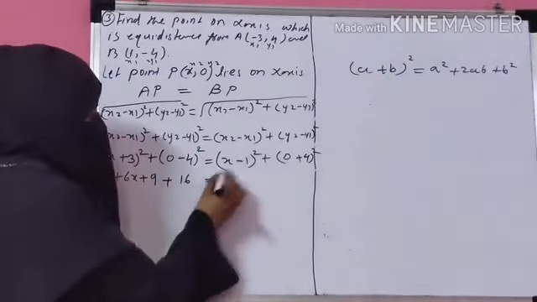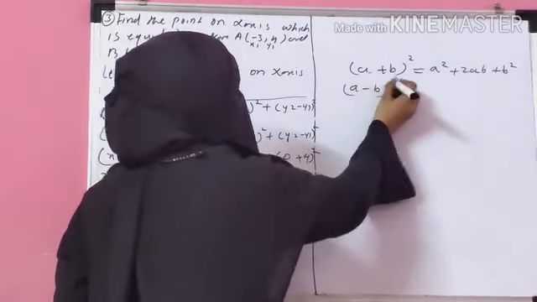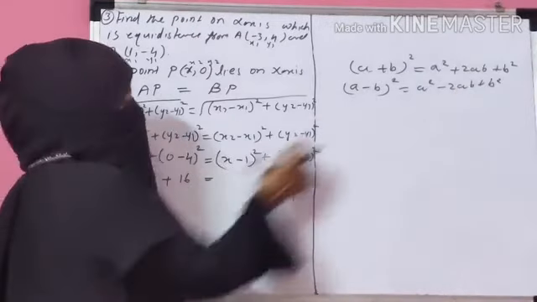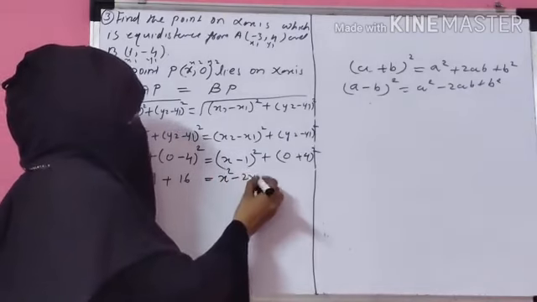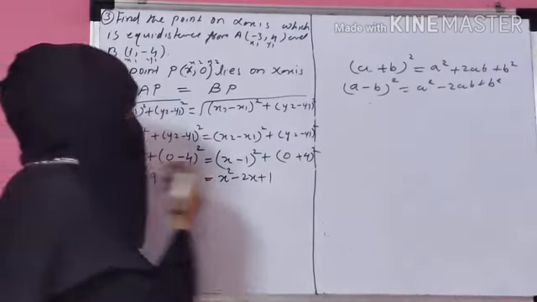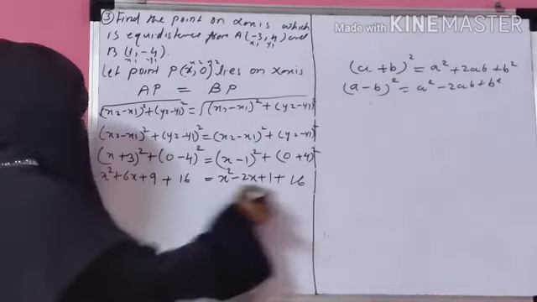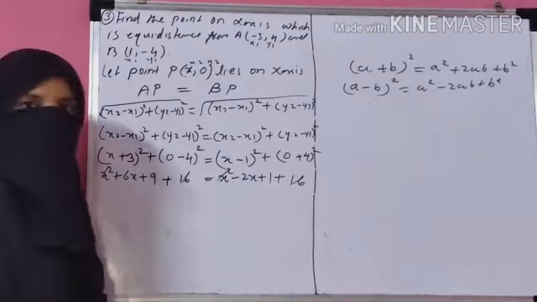And for (x minus 1) whole square, apply (a minus b) whole square is a square minus 2ab plus b square, so x square minus 2x plus 1, plus 4 square is 16. The 16 on both sides gets cancelled, and x square on both sides gets cancelled.